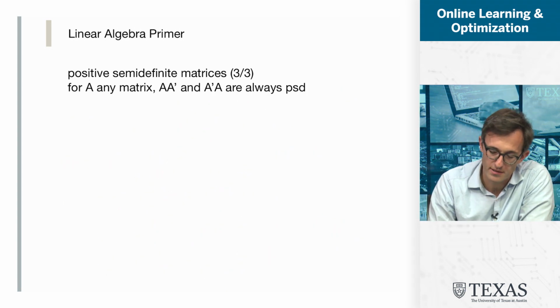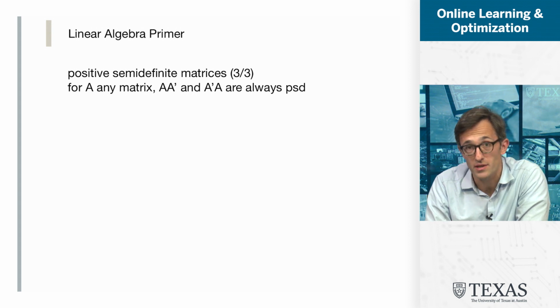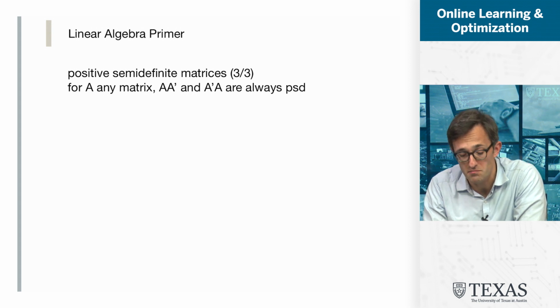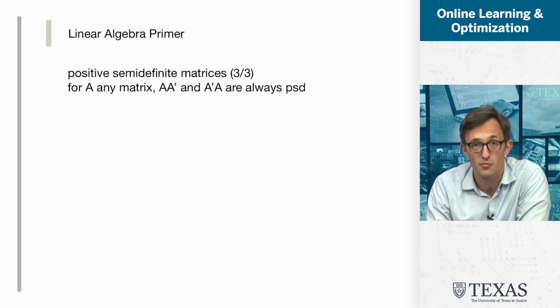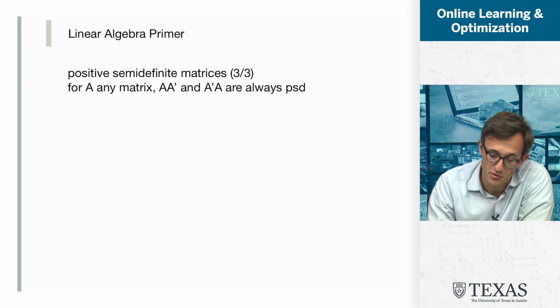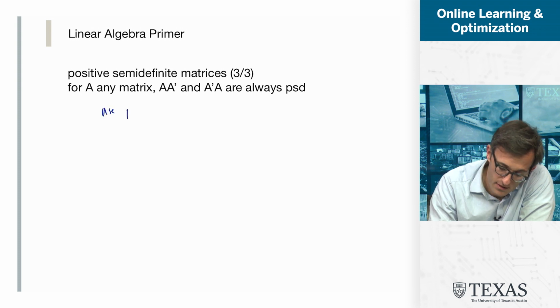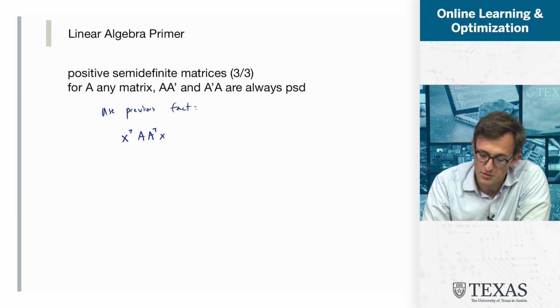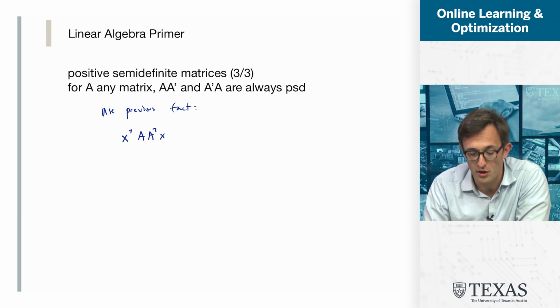It's easy to check that for any matrix, square or not, A transpose A is always positive semidefinite. How do we check that? Just using the previous fact. In other words, all I need to do is check that x transpose A transpose A x is greater than or equal to 0 for all x.